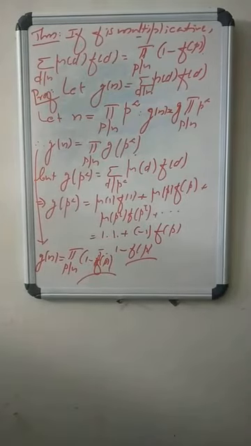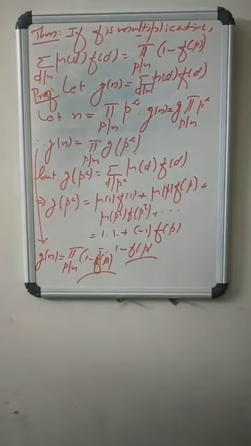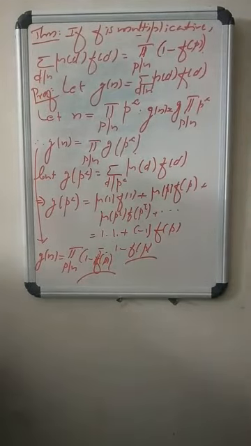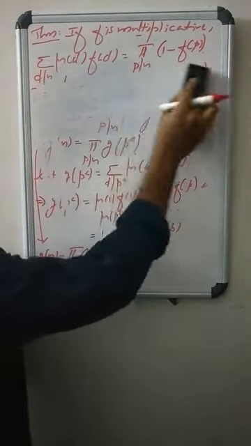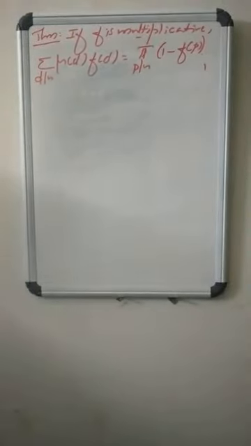So when f is multiplicative, then sigma over d divides n of mu of d into f of d is the product over p dividing n of 1 minus f of p.